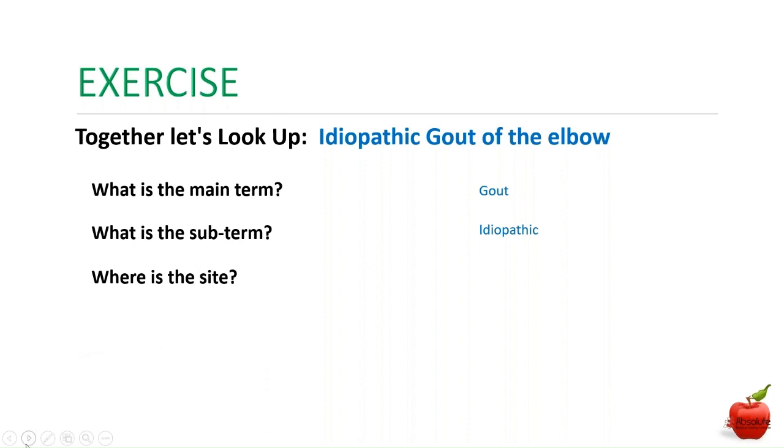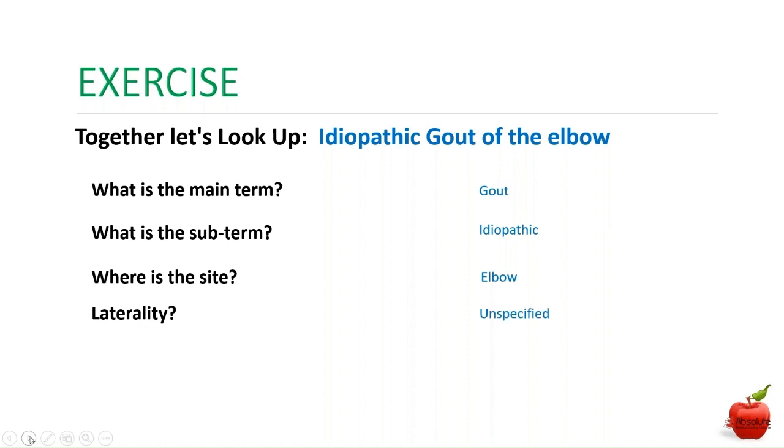Wow, you guys are amazing, really. Yes, the site is elbow, and the laterality? Is this right or left, or... exactly, it is unspecified. It is not mentioned, that means it is unspecified.